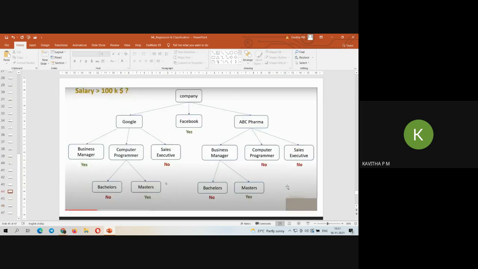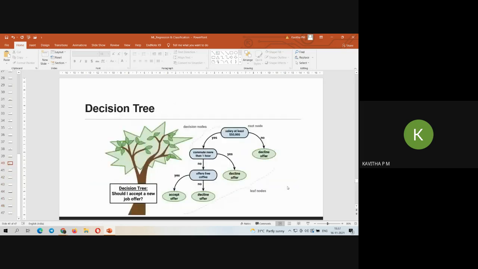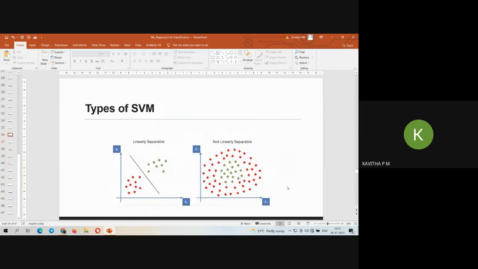We told you before, for example, in this particular image you can see these red color and green color dots. How are we plotting these dots? By using SVM.